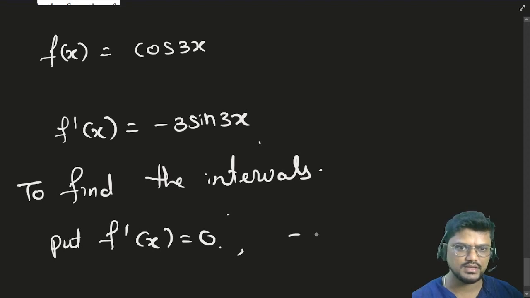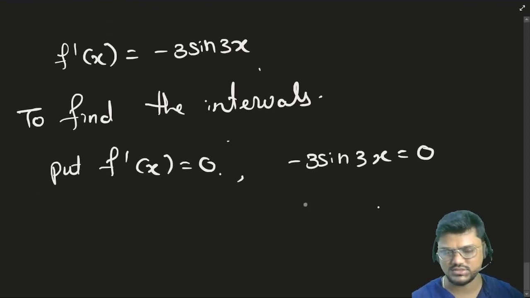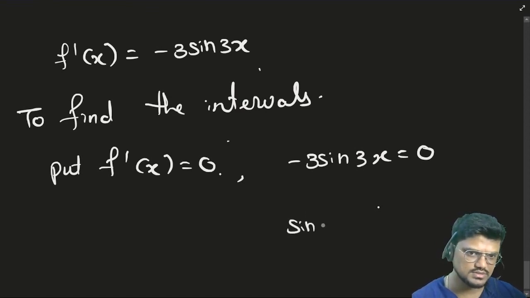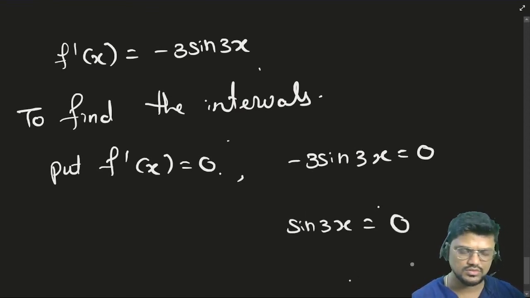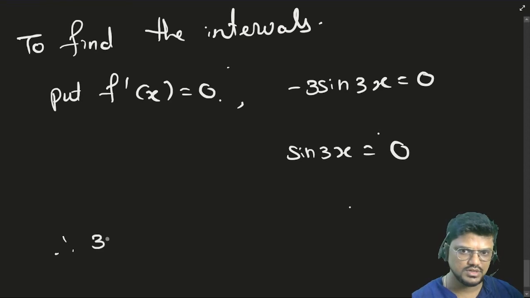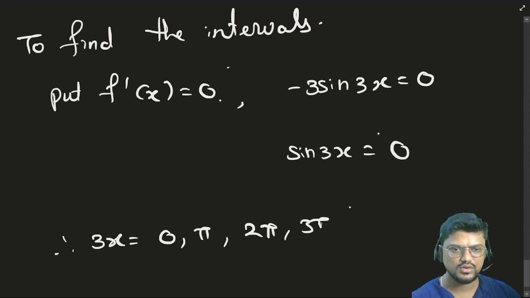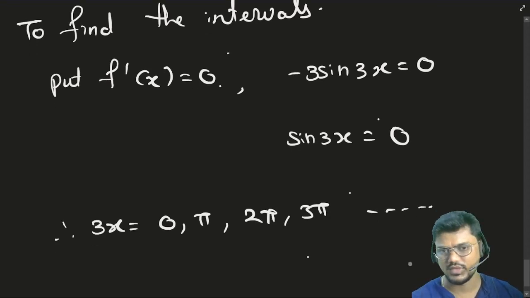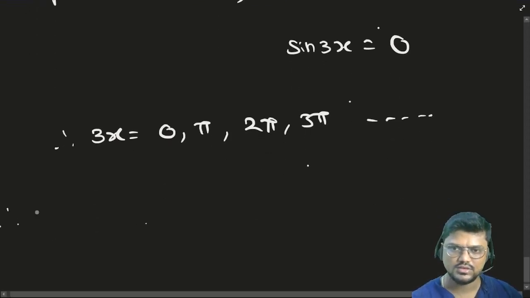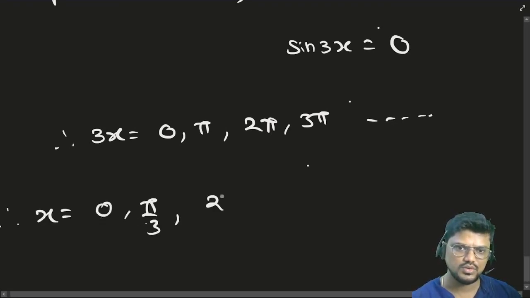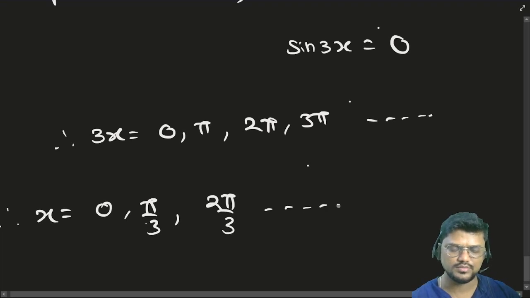That is minus 3 sine 3x equals 0. That is sine 3x equals 0. Therefore, 3x will be equal to 0 or pi or 2 pi or 3 pi and so on. Therefore, x will be equal to 0, pi by 3, 2 pi by 3 and so on.